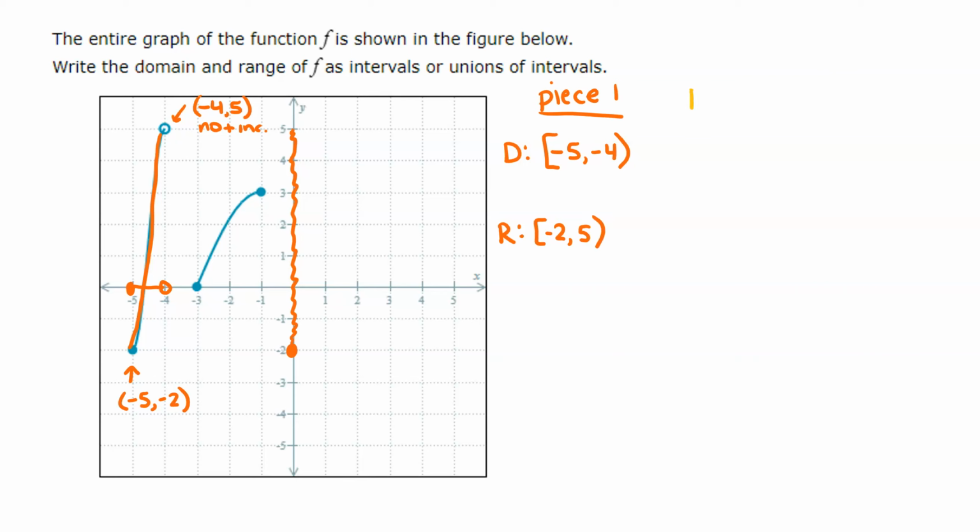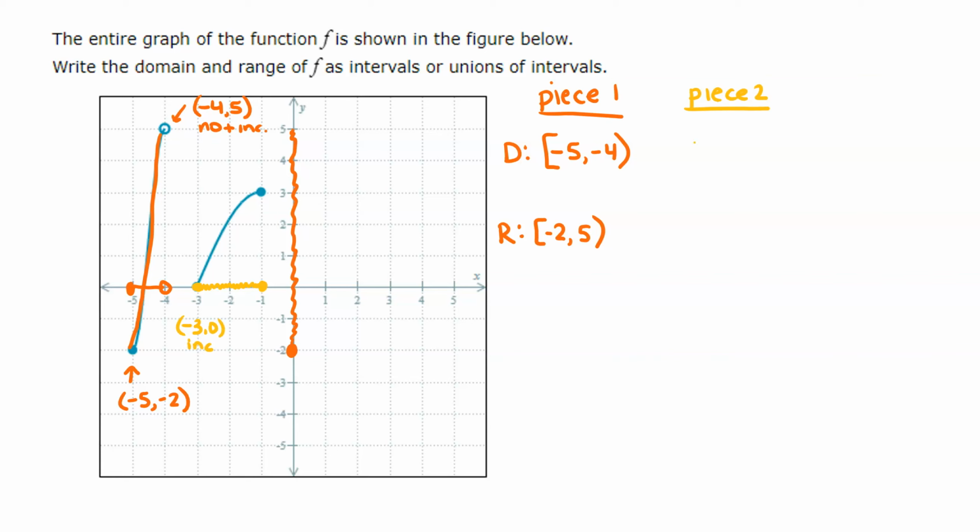So now let's do piece 2. For this second piece, leftmost to rightmost is domain. So the leftmost goes from -3, and then it goes up to -1. Now, (-3, 0) is included.